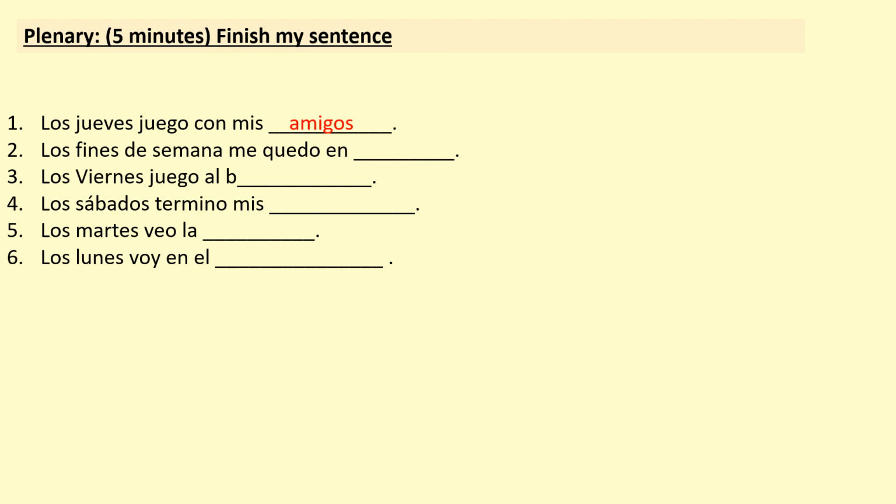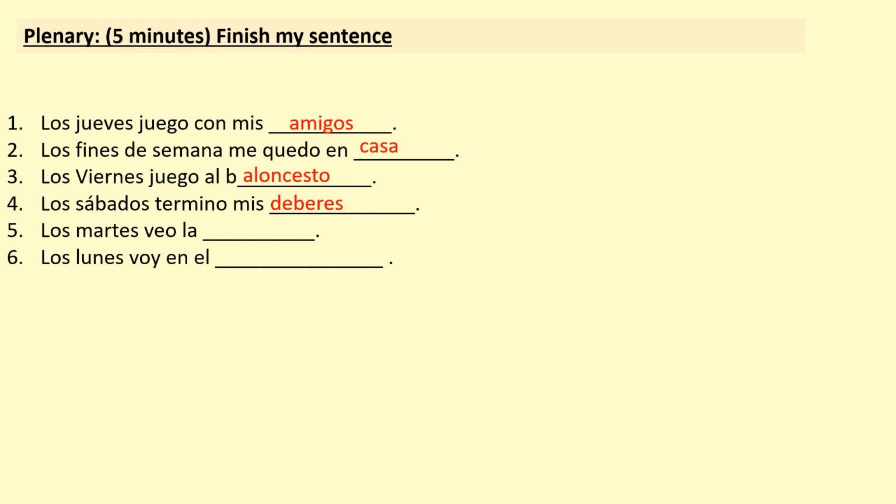And let's check through your answers. Número 2. Los fines de semana me quedo en casa. Número 3. Los viernes juego al baloncesto. Número 4. Los sábados termino mis deberes. 5.